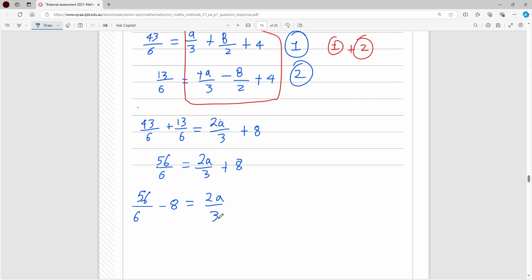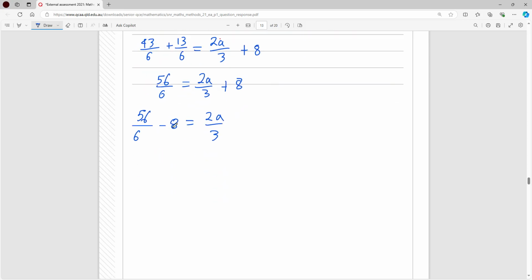I'm going to simplify this side before I change anything here. So here 8 can become, what's 8 times 6? 48, yeah. So 56 on 6, and negative 8 is the same as negative 48 on 6. Now the reason I did that is so they have common denominators, okay? Now, 56 minus 48, that's going to give us 8.